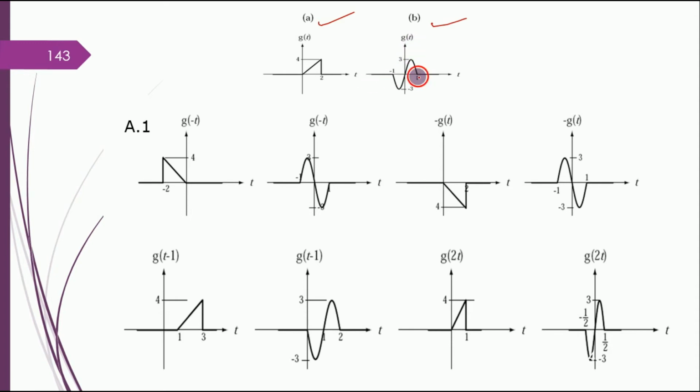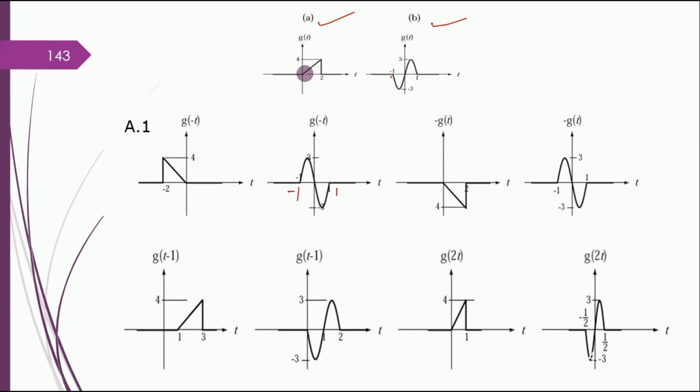So whatever is happening at 1 will happen at minus 1. Whatever is happening at minus 1 will happen at 1. Just fold it. So if you fold it, it will look in this fashion. This is 1, this is minus 1. Right? So at minus 1, it is rising and it is coming to 0. At 1, it is coming to 1 from a rising edge. So it is just a reflected version.